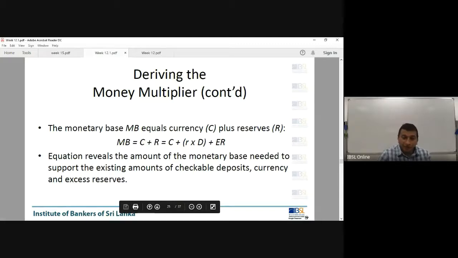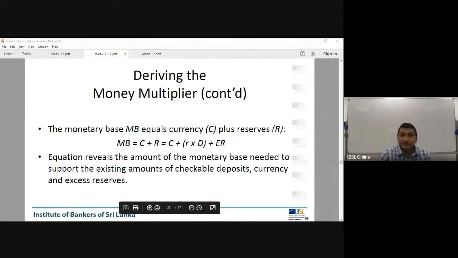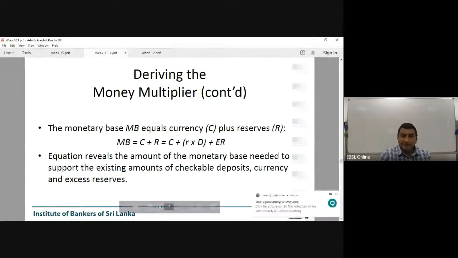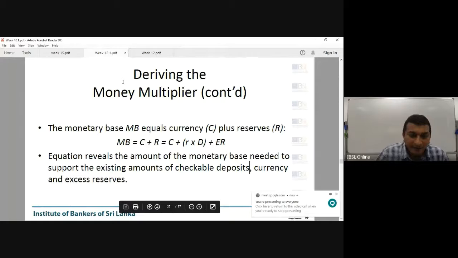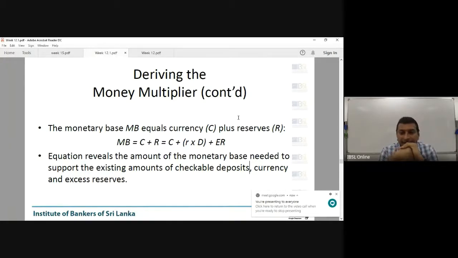Okay, before I move on, any questions? Right. So you see here the monetary base now being defined to reflect the reserves being disaggregated into both required reserves and excess reserves. Right.